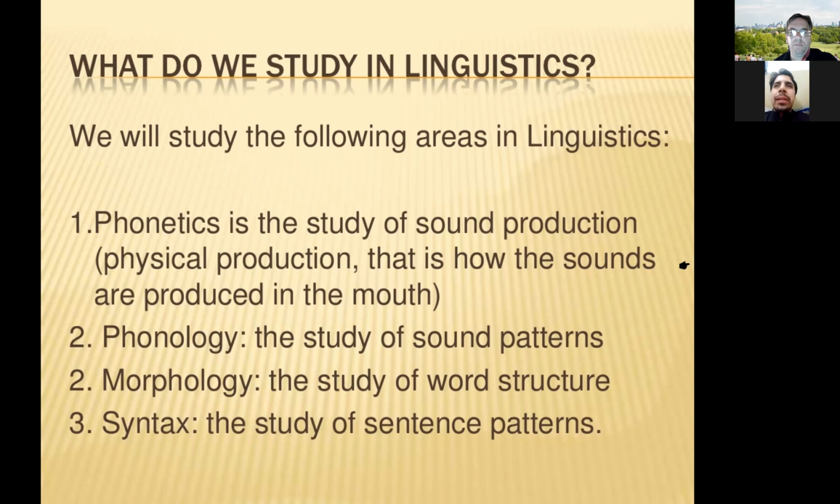Whenever we study a language scientifically in relation with other areas or fields, that comes under the category of macro branches. Then we have micro branches. Micro means small branches. In these branches we have phonetics, phonology, morphology, syntax. That is also called internal branches.